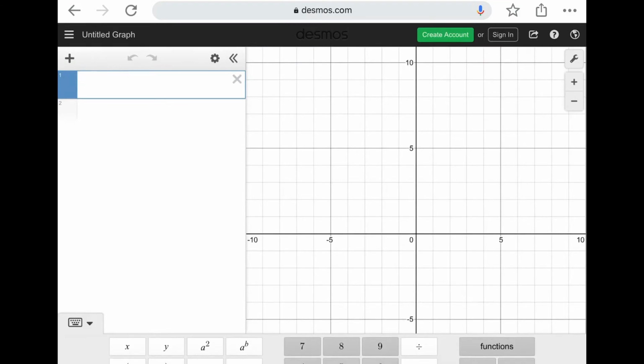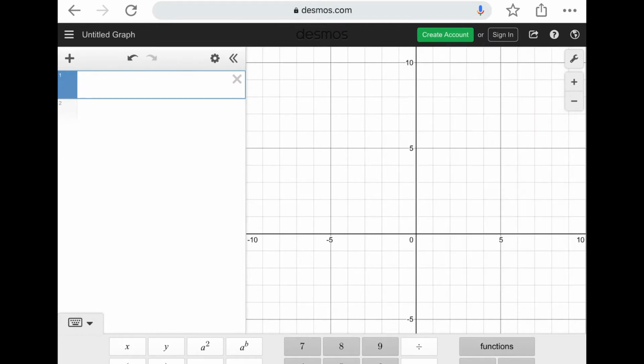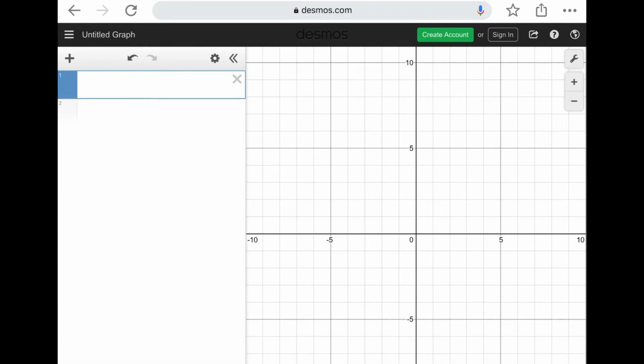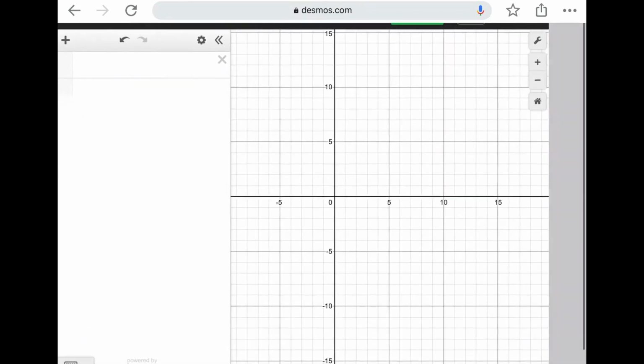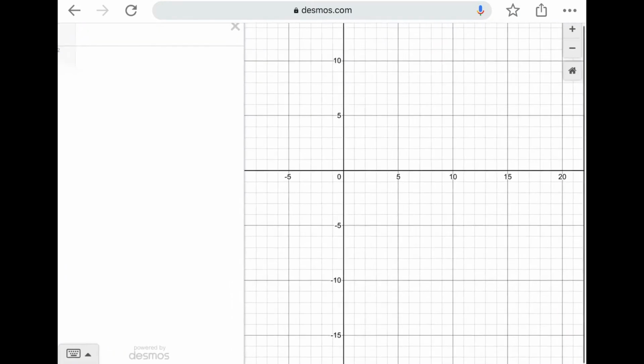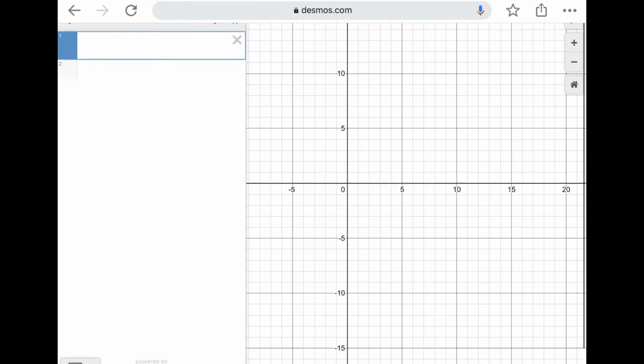Once you're in Desmos, you go to the top right corner where the little settings is, and you select degrees. Then for number 4, we had cosine. I'm going to select the little keyboard at the bottom.